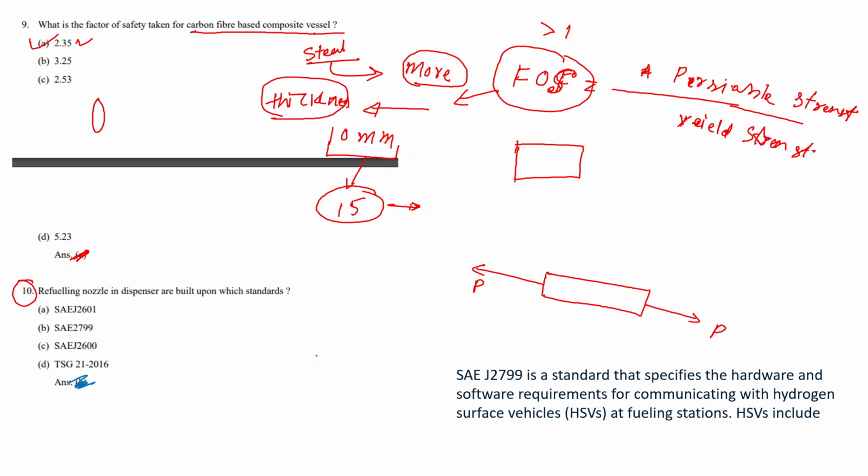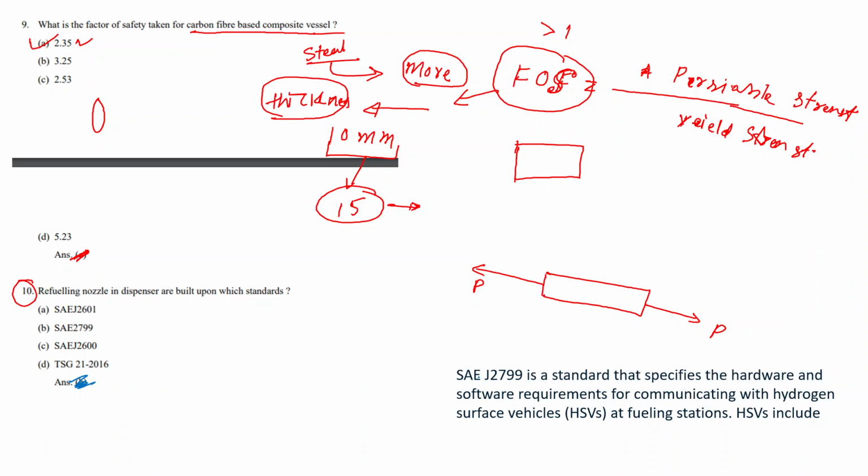For the dispenser, you have seen the dispenser in refueling stations like petrol and diesel refueling stations. They are holding this break type dispenser, and from the nozzle it will come. And what is the dispenser? The dispenser is the controller.